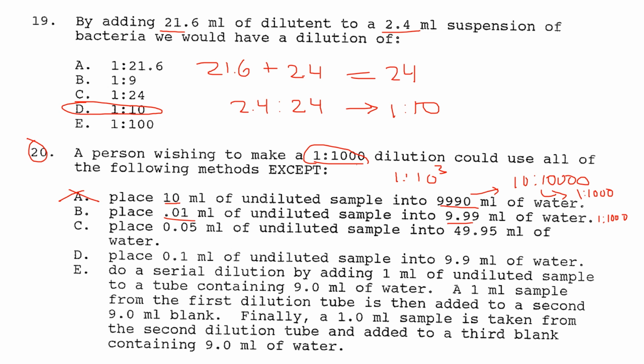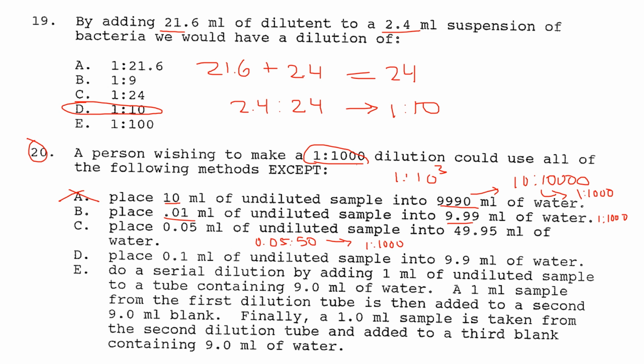Okay, so this one is going to be 0.05 to 49.95. So the total volume is going to be 50, and so 0.05 to 50 is also a 1 to 1,000 dilution, right?